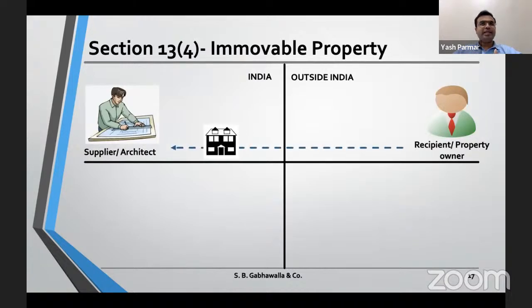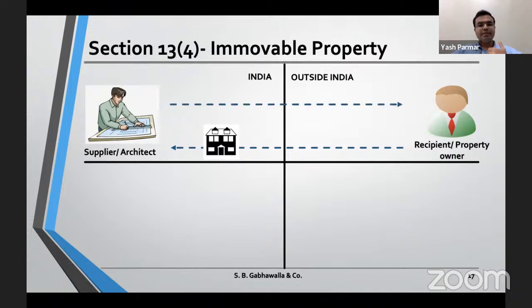This gentleman has purchased a plot in India and wants to get a villa constructed on that plot. For this, the property owner has approached an architect and asked him to prepare drawings or a plan for the villa to be constructed on this plot.